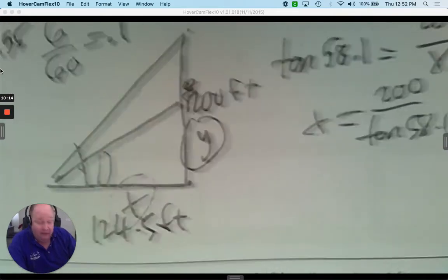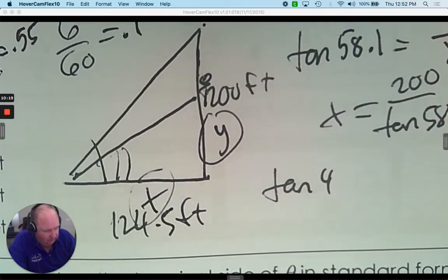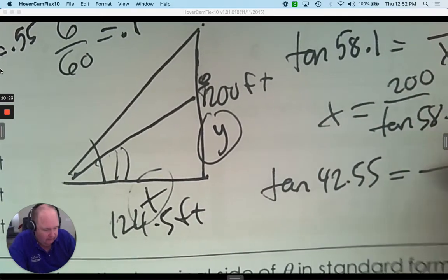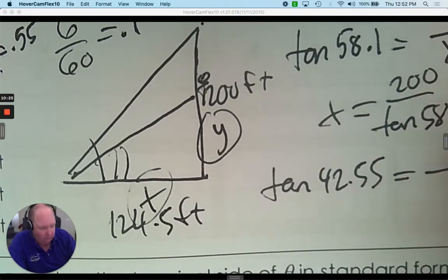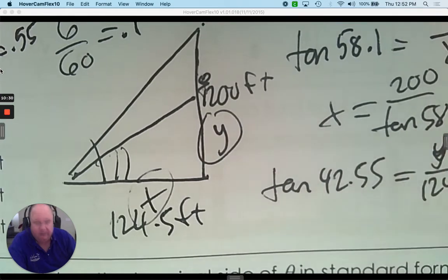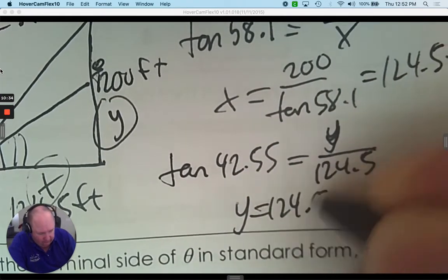So the second setup here is using that angle. So it's tangent again of 42.55 to change it to degrees. The opposite is y, and now we know the adjacent side is 124.5. To get y by itself, we're going to multiply this.